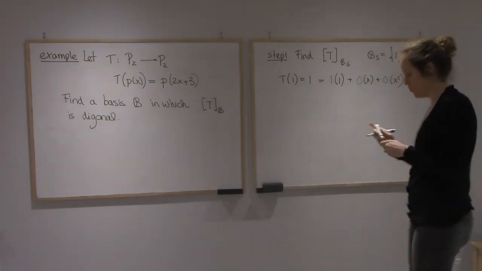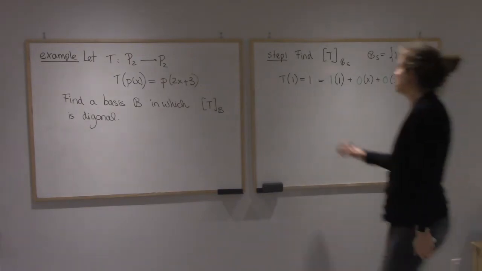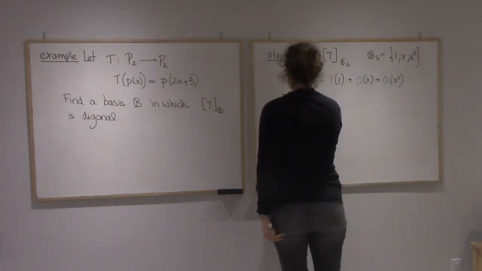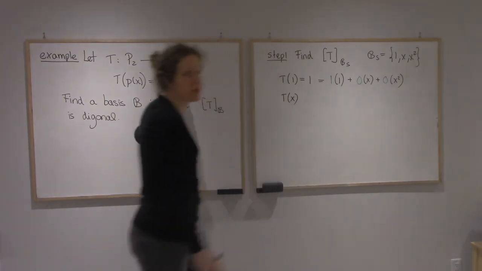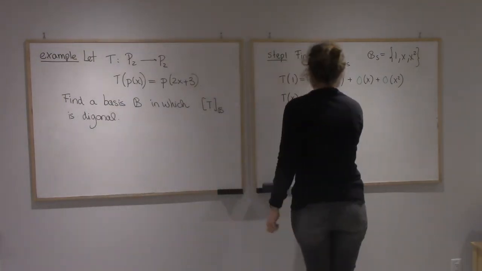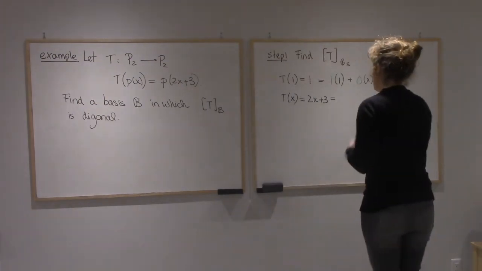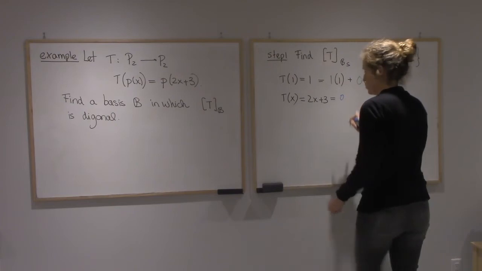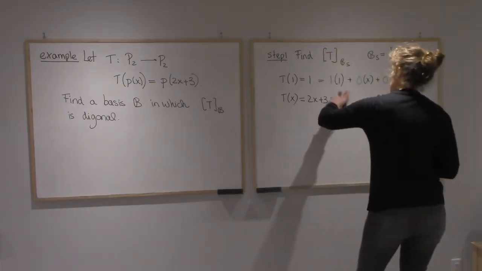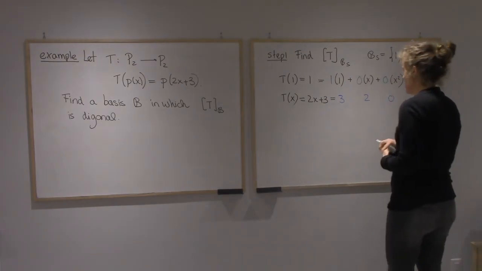My first column will be 1, 0, 0. If my polynomial is just x, this is going to send it to 2x plus 3, which is 3 times 1, 2 times x and 0 times x squared.